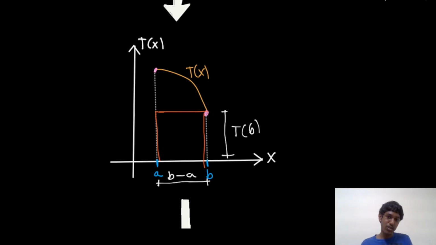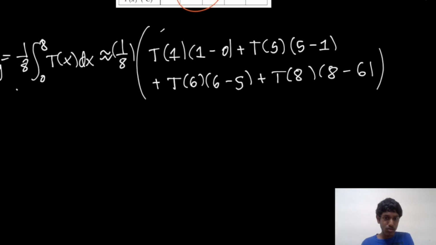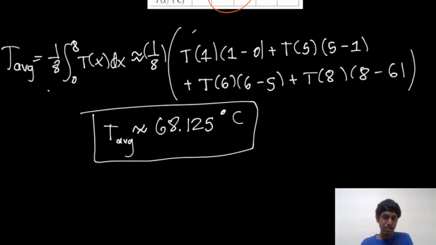That's important to note. T of x happened to decrease here. What would happen if T of x was increasing? So if you compute this value, you get about 68.125 degrees Celsius as your T average. And that is indeed less than what we got earlier.